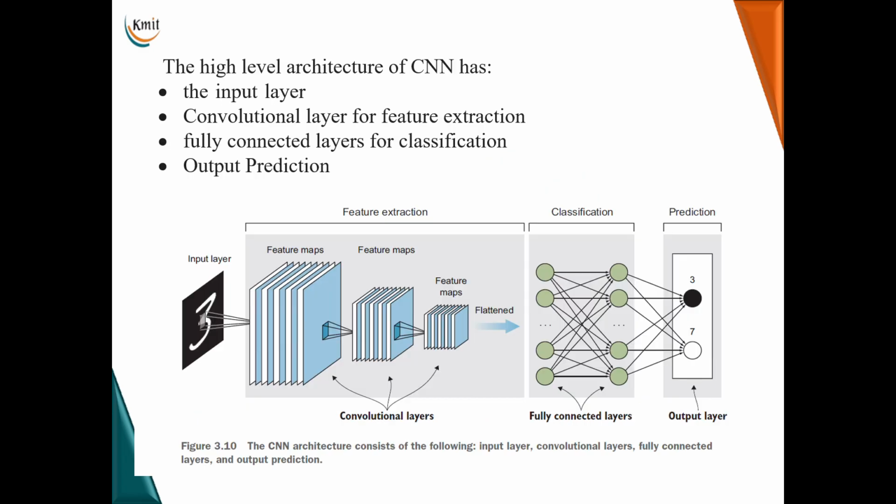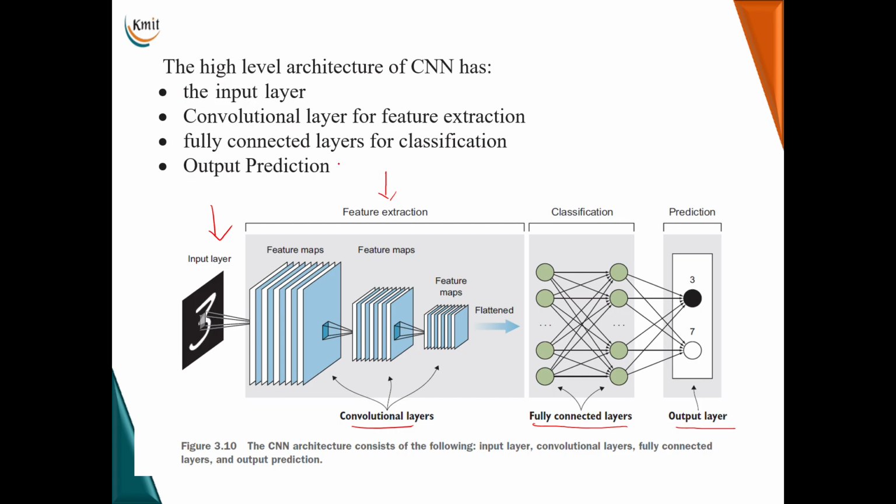Let's move on to the high level architecture, the different parts. You have the input layer, the convolutional layer, the third part is the fully connected layer, and the output layer. Now in fully connected layers, we have seen that we have a drawback of increasing the number of parameters in the MLP model. What we notice here is that during feature extraction, a fully connected layer will increase the number of parameters also.